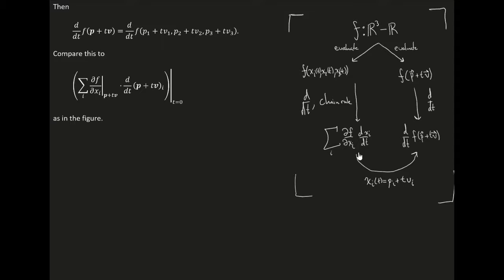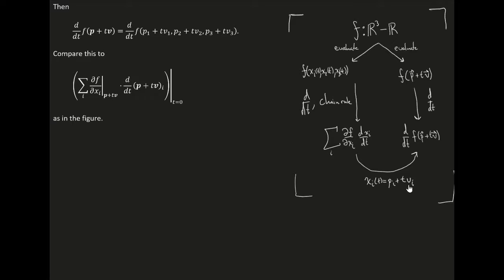Then we will say for each of the xi what we want xi to be. So xi of t is equal to pi plus t vi. That's our choice for xi. So replacing each of the occurrences of xi with this, we will find that the derivative of xi with respect to t is just going to be vi in each case.